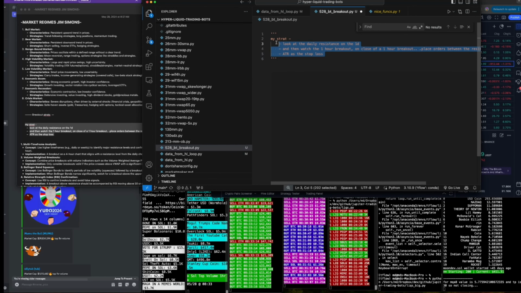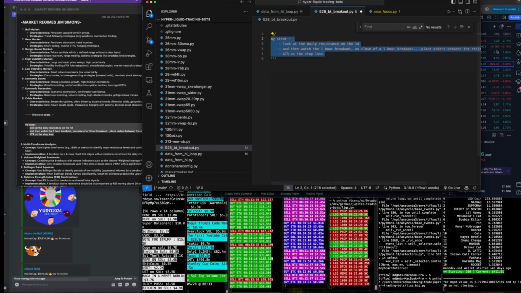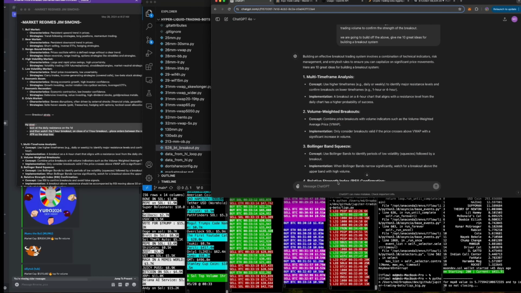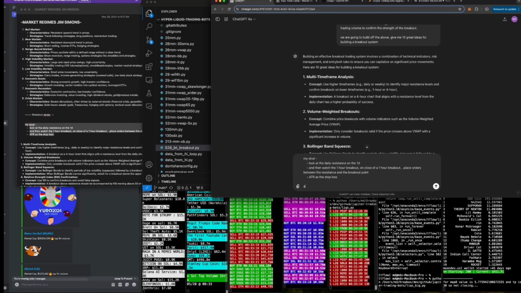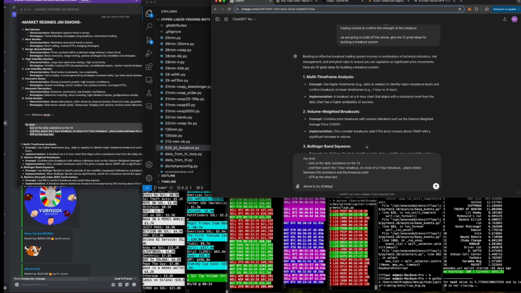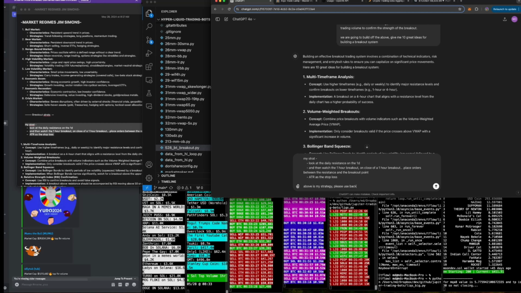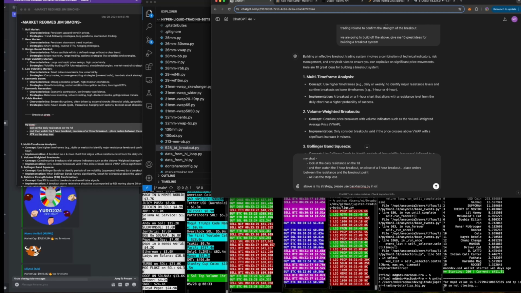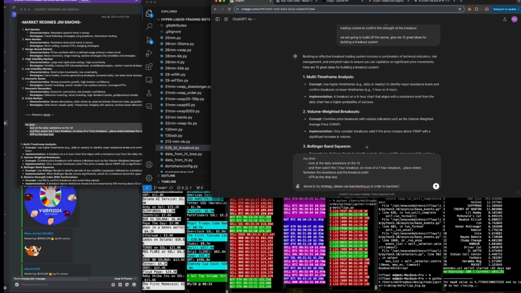So this is a strat, okay? And now we have AI, so it's super chill. This is my strategy. Above is my strategy. Please use backtesting.py in order to backtest it.